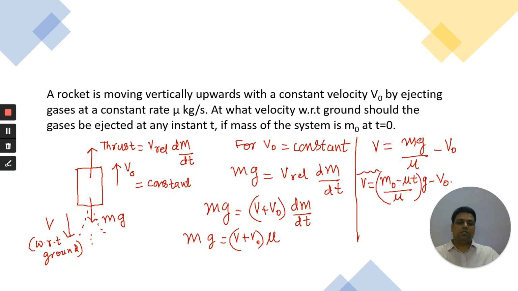This is the expected velocity of ejection, which is of course a function of time, because in this problem the rocket is maintained to go up with a constant velocity v naught, for which, so as to balance the gravitational force which is varying because mass is decreasing, the thrust also should vary.